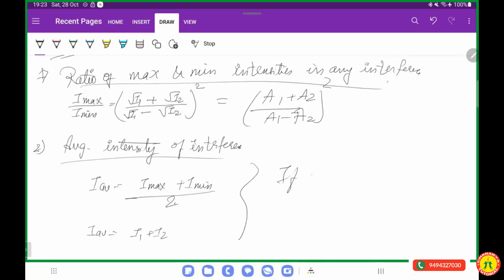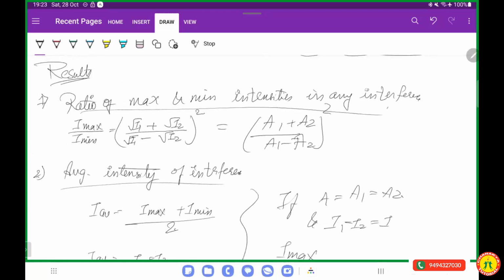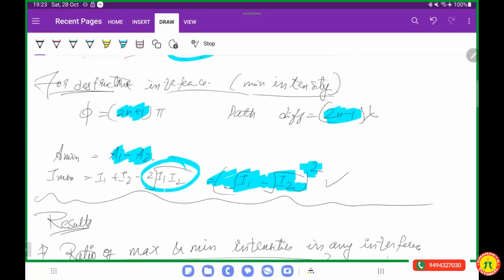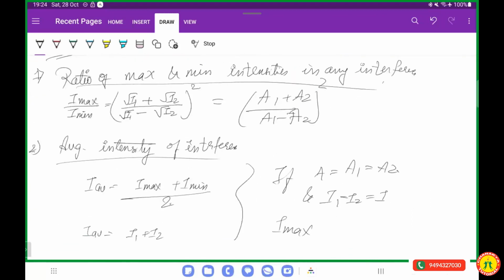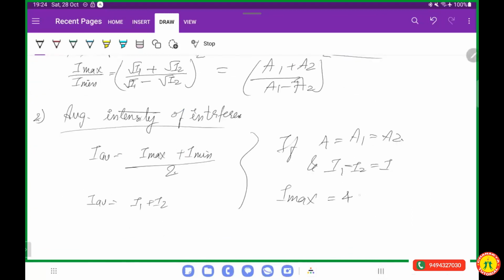And if A equals A1 equals A2, all amplitudes are the same, then all intensities are the same. So I max, 2I1 is equal to 4, so it will become 4I.